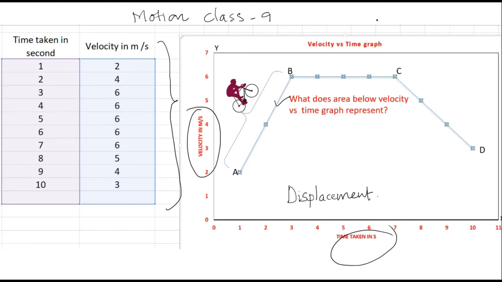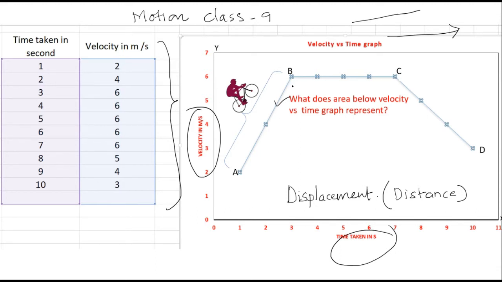Since we are working with rectilinear motion, meaning the object is moving in a straight line, we can consider this displacement as even the distance, because when the object moves in a straight line, distance as well as displacement remain the same, right?